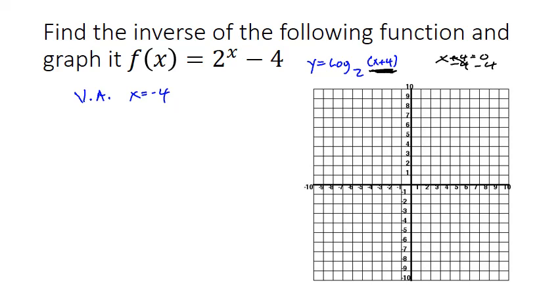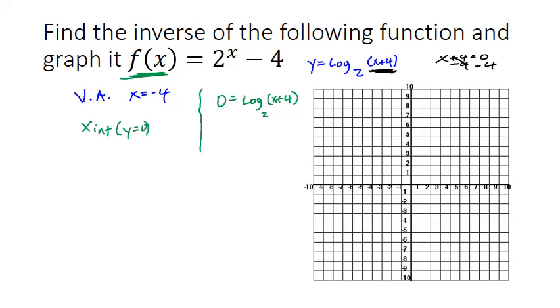So let's find the x-intercept. For the x-intercept, we're going to remember that the x-intercept is whenever y is equal to 0. So in other words, our function has to equal 0. So what would that look like? Well, we would say 0 equals log base 2 of x plus 4.